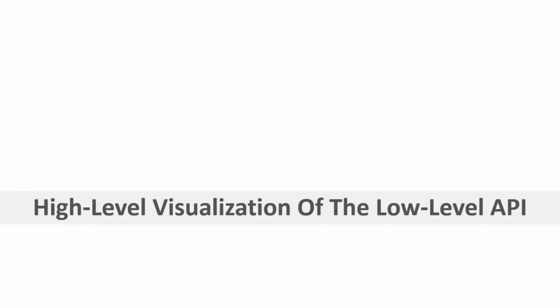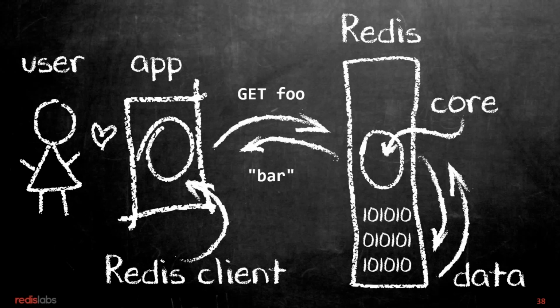So this was the high-level API, and I'd like to compare and contrast it with the low-level API with this very detailed diagram. On the left side, you can see the user using an application. The application inside has this circle. The circle represents the Redis client.